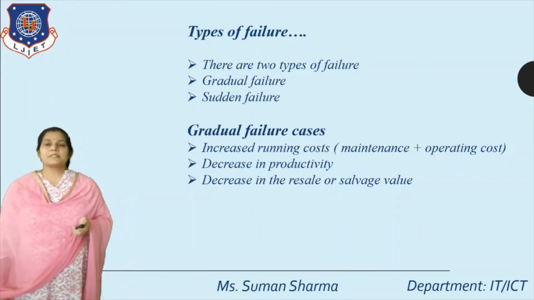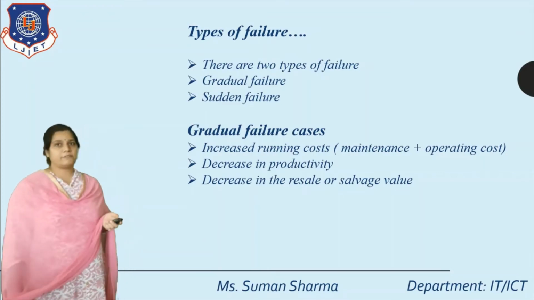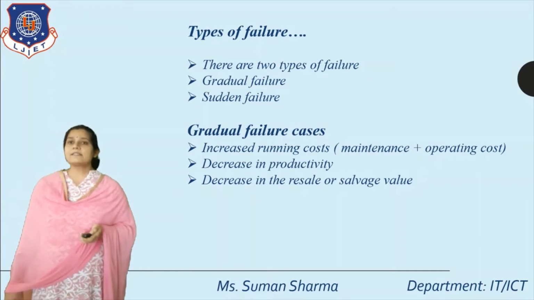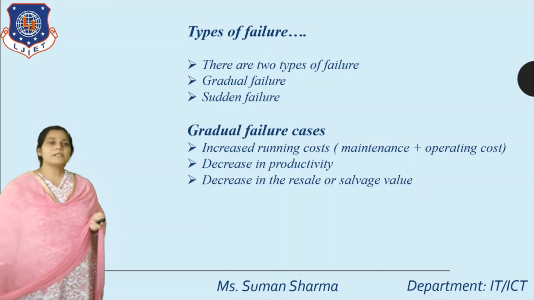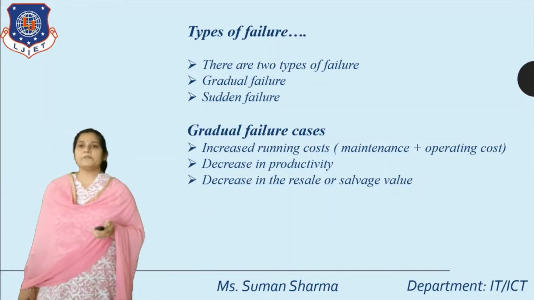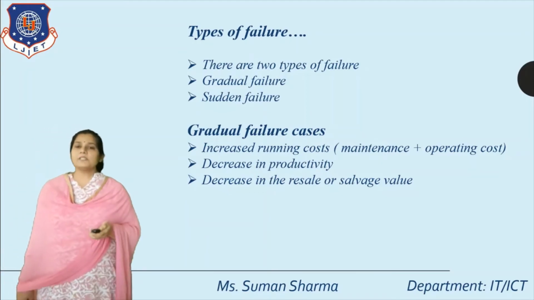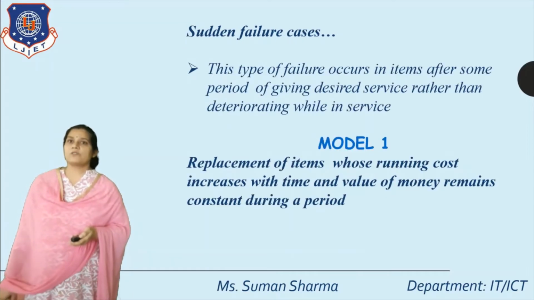Number 1 is the gradual failure and the second one is the sudden failure. So, what are the gradual failure cases? Increased running cost, that means maintenance cost plus operating cost. Second is decrease in productivity, and the third is decrease in the resale or salvage value.